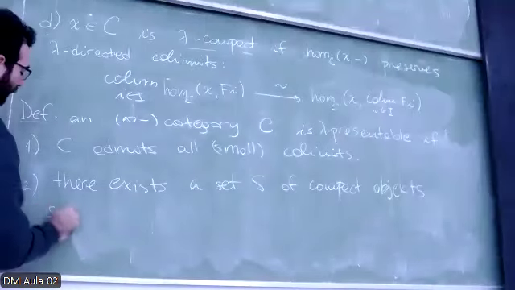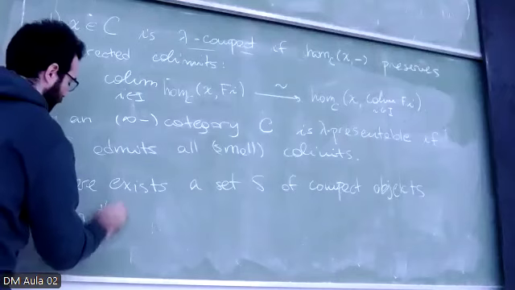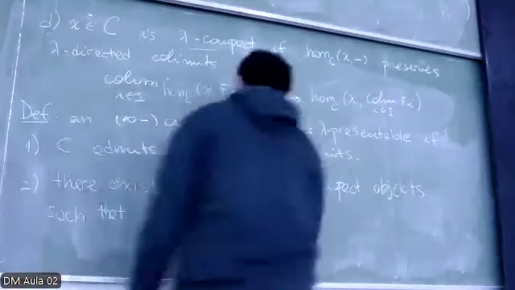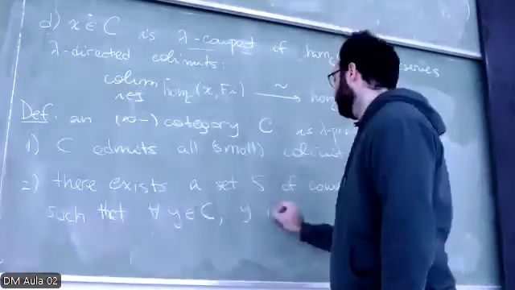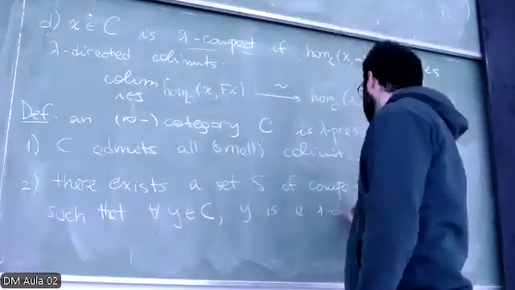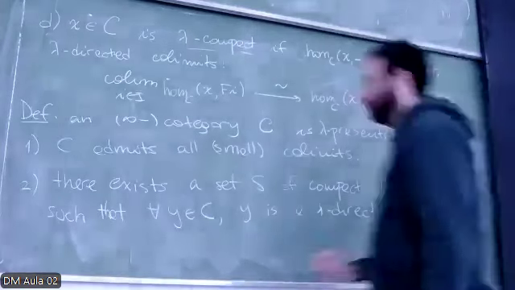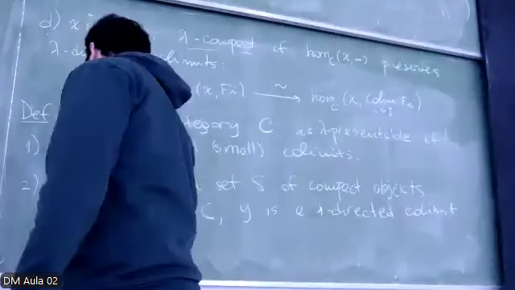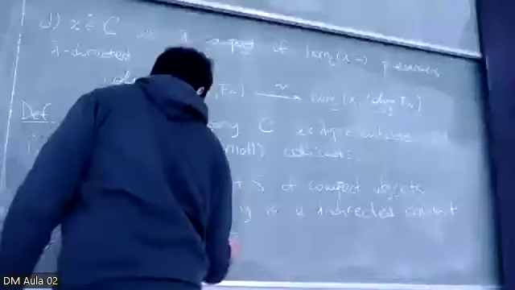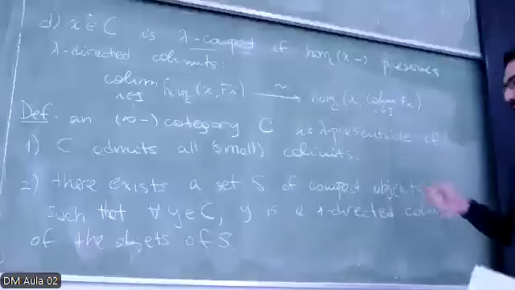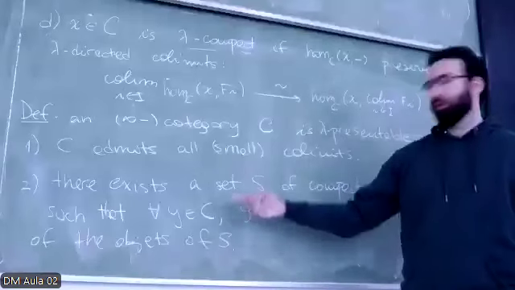So such that for all, say, Y objects in C, Y is a lambda-directed colimit of the objects of S. So there is some diagram indexed by a lambda-directed poset, which object-wise takes values in the objects of S, which are some of the objects of C. They're small ones.